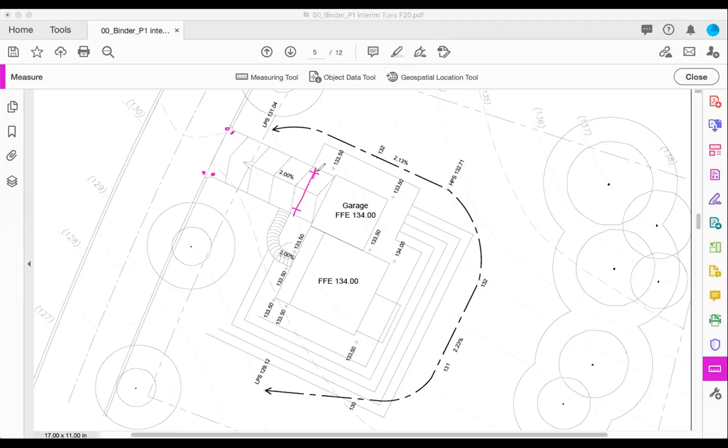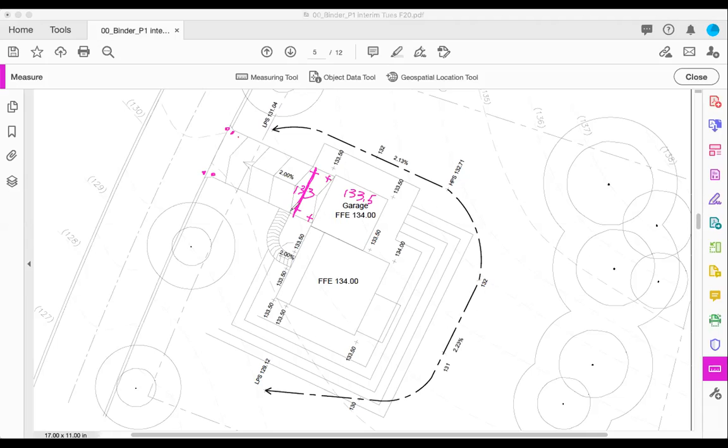And then you have a 10 foot away from the building requirement, right? So you would use those spots and your garage 133.5 to determine, so if it's 10 feet away, 5%, this is 133, right? So the 133 and those spots will determine how your contour would go on the driveway.